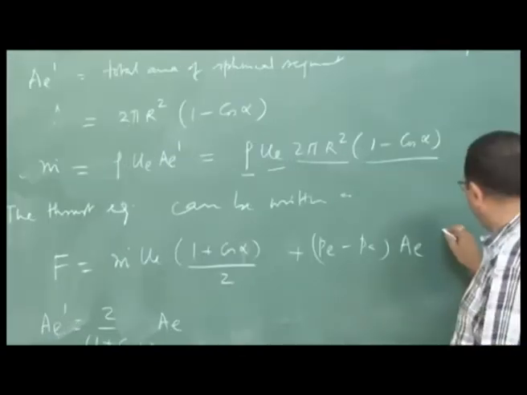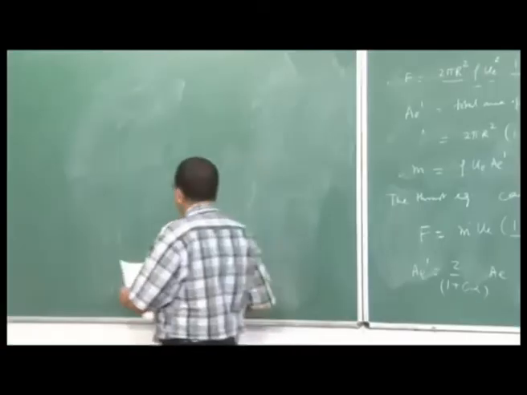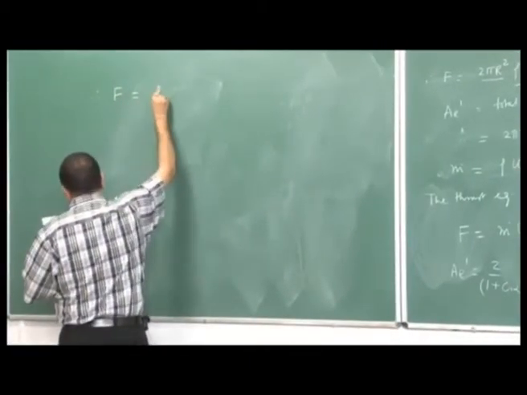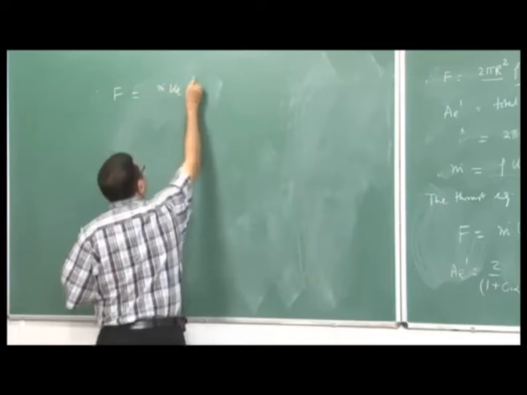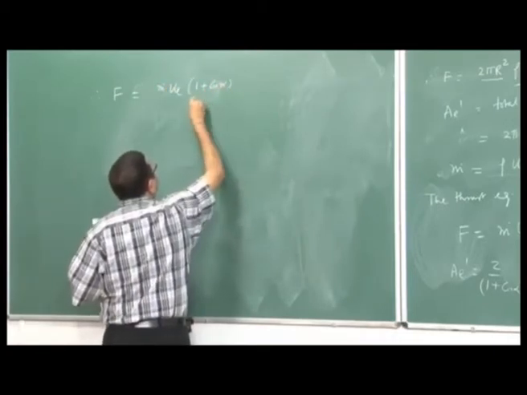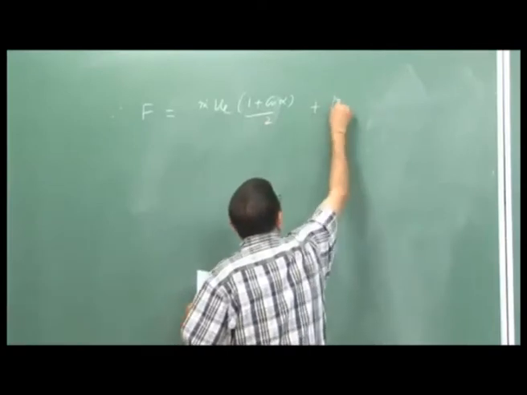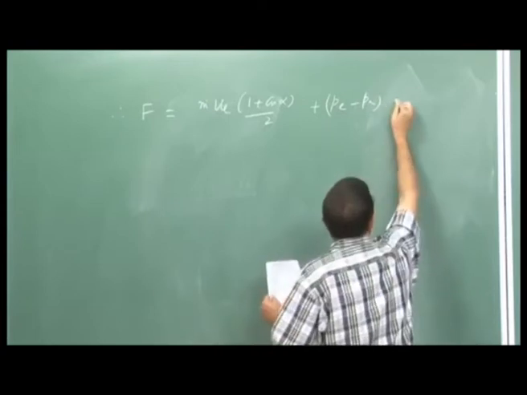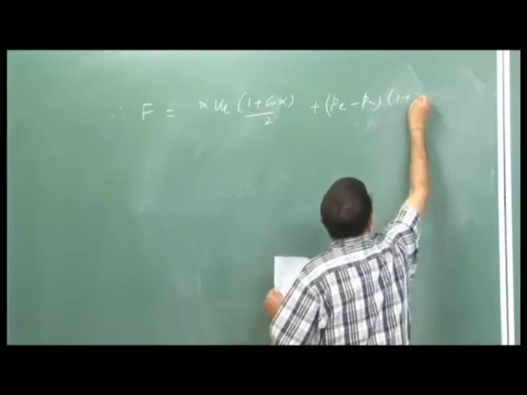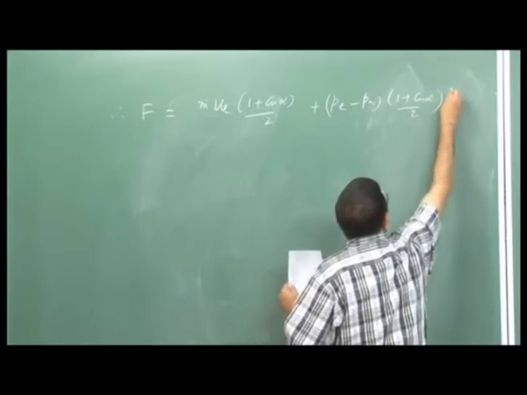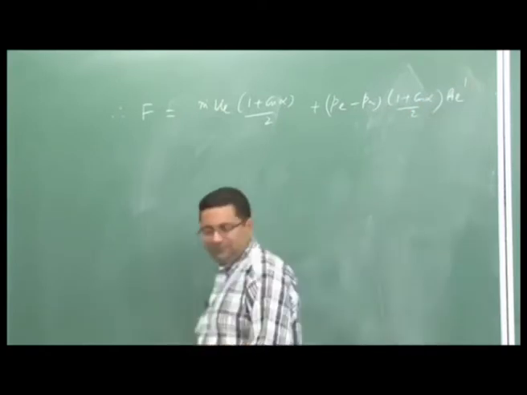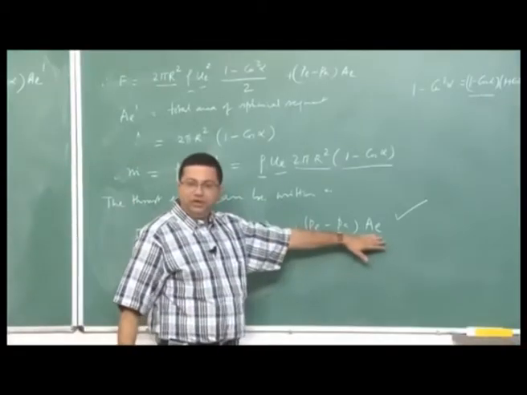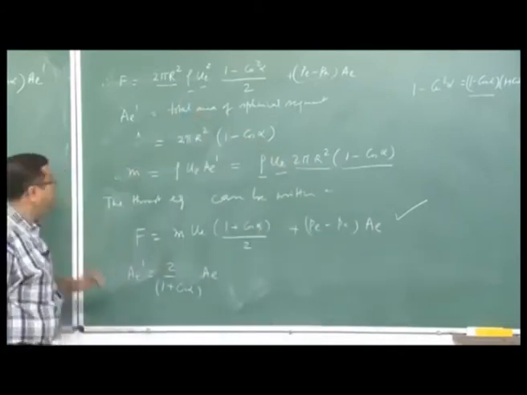So, now this thrust equation I will rewrite as: F is equal to m dot u e times (1 plus cos alpha)/2, plus (P e minus P a) times (1 plus cos alpha)/2 times A dash. Okay. So, essentially this exit area, projected area, we have written in terms of the segment area.